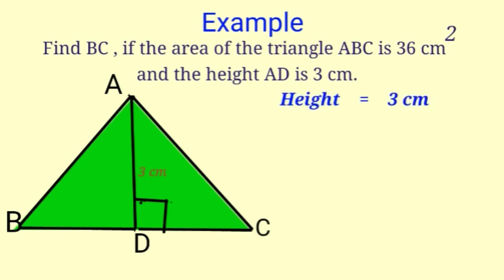We want to find out its base length. Height is equal to 3 cm. Area is equal to 36 cm square. Here we want to find out the length of the base.